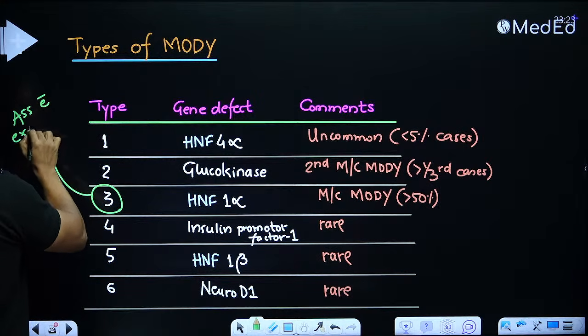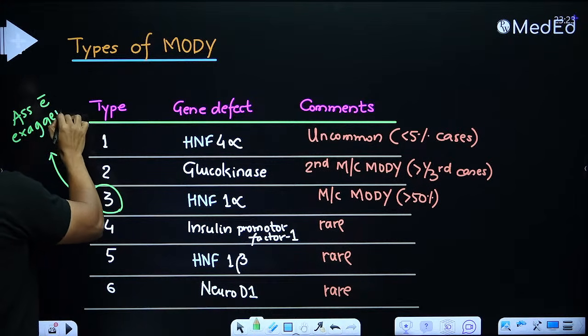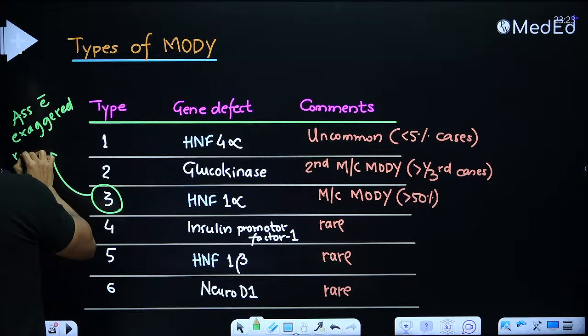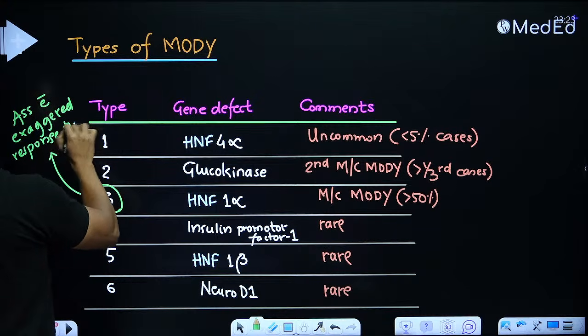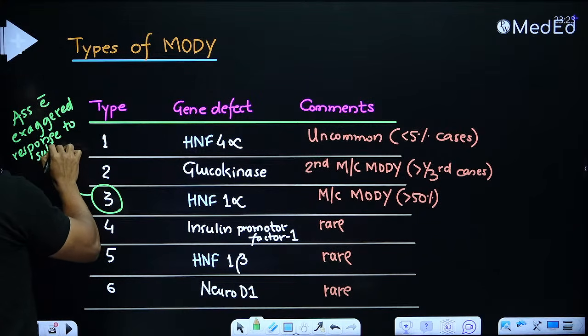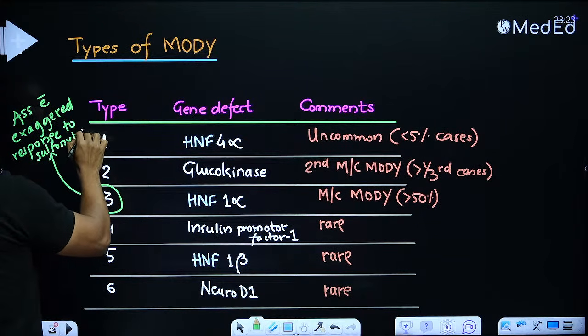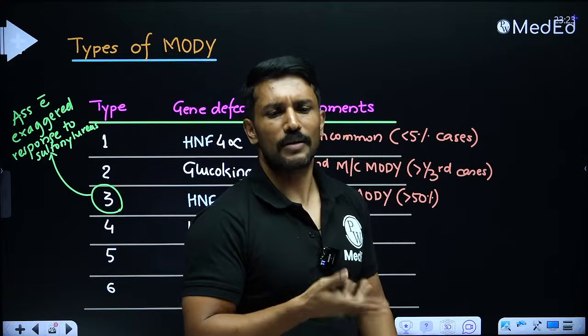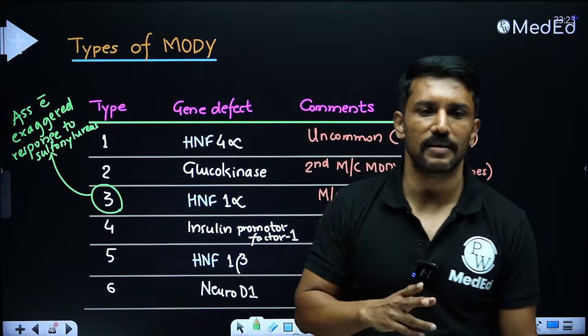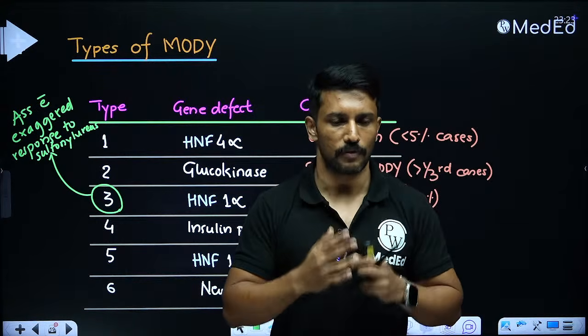I'll brief you on that. So normally, where do we use sulfonylureas? We use them for treatment of type 2 diabetes mellitus. Now let us say I did not recognize this as MODY, I considered it as type 2 and I started him on sulfonylureas.